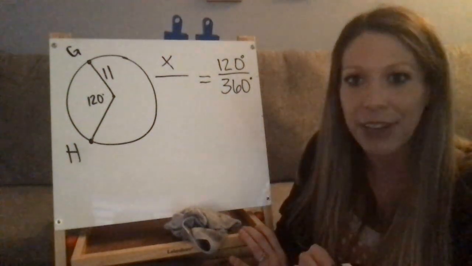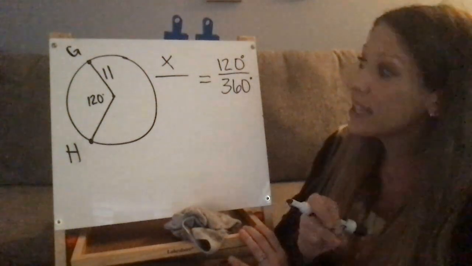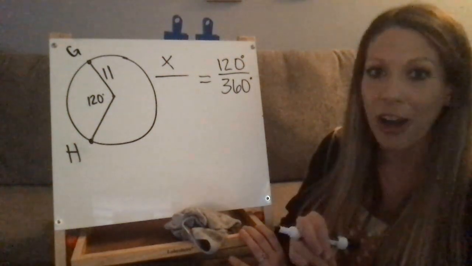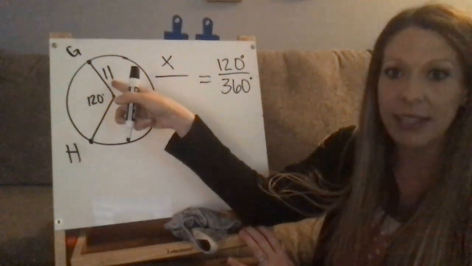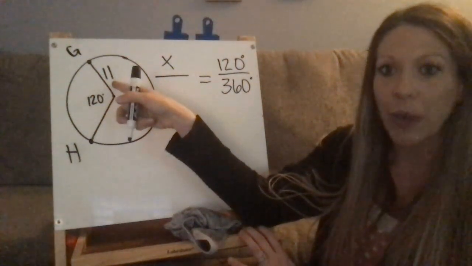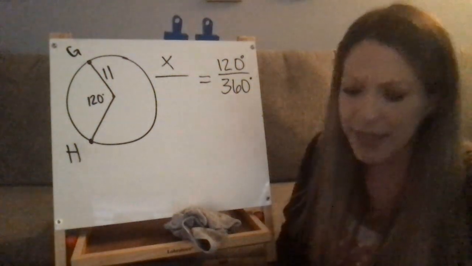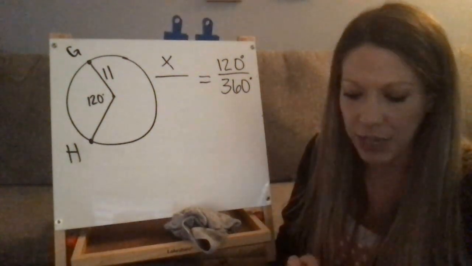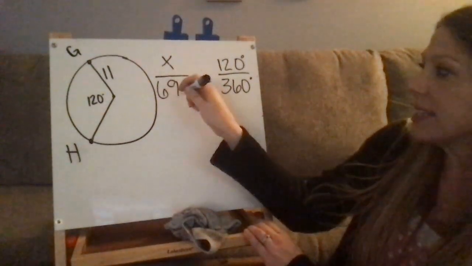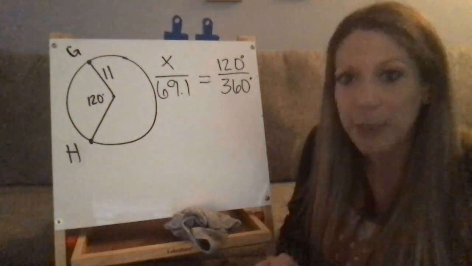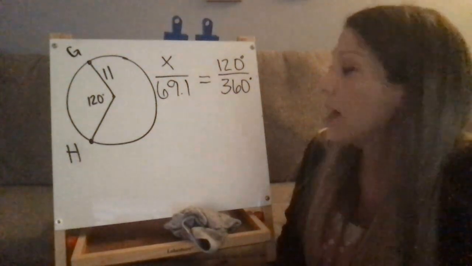That's the circumference. So the circumference of this circle, 2 pi r, is 2 times pi times 11, because our radius is 11. So that's 22 pi, and just to make this easier, I get about 69.1. So the distance all the way around the circle is about 69.1.